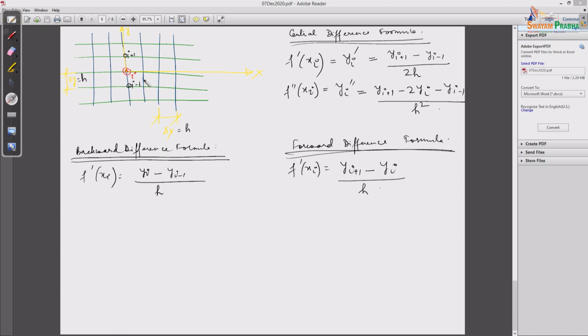I could also write this as the function value at yi minus the function value at i minus 1 divided by h. I could do that. Or central difference, the function value at i plus 1 minus i minus 1 by 2h, right. So that's what this means.